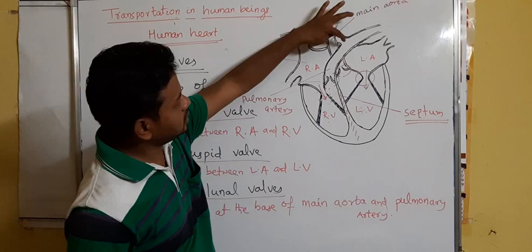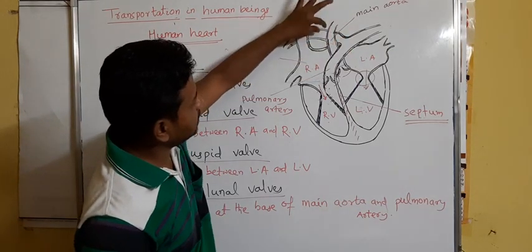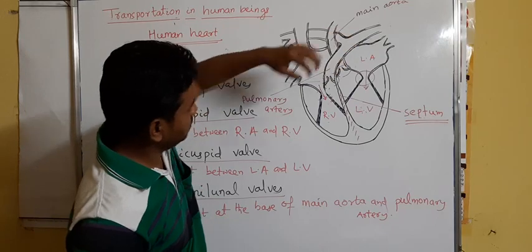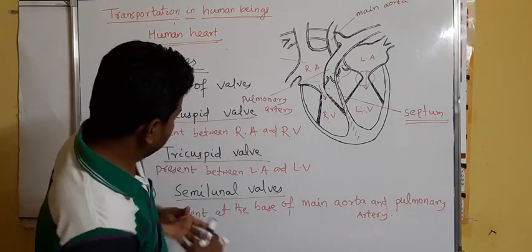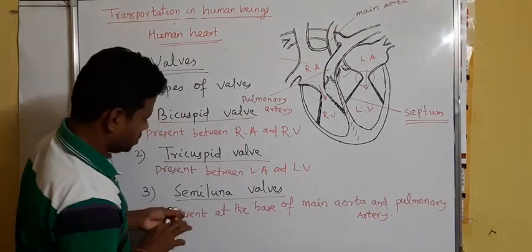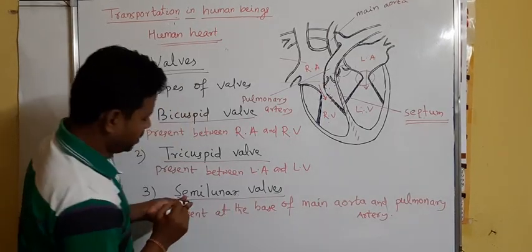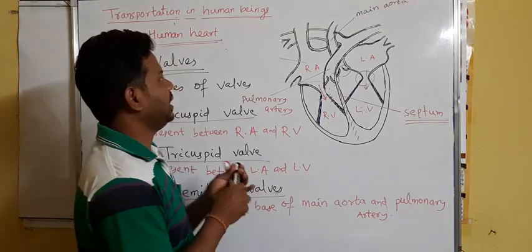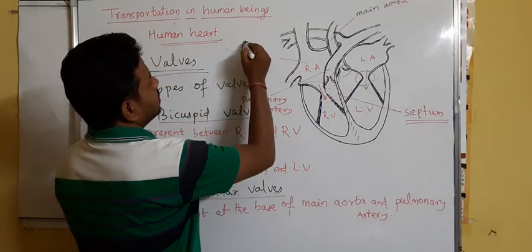So at the base of the pulmonary artery and the base of the main aorta, there is a valve which is called semilunar valve, because it looks like the moon.